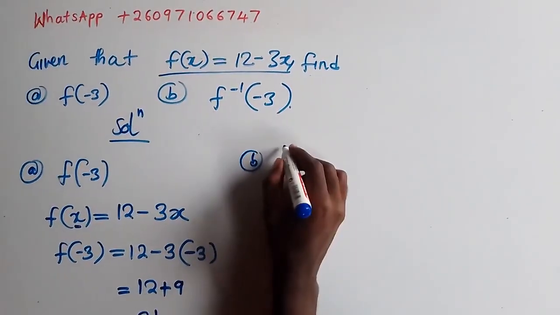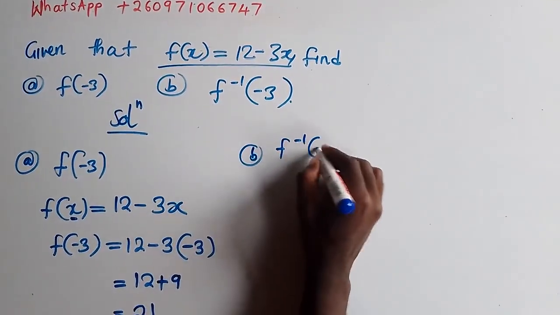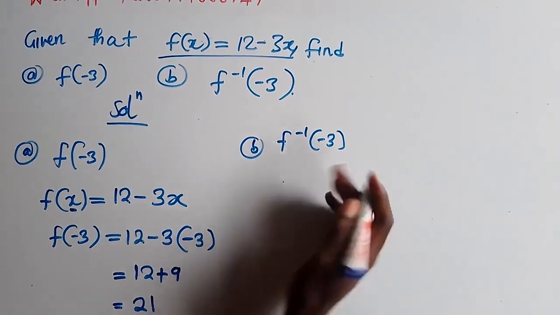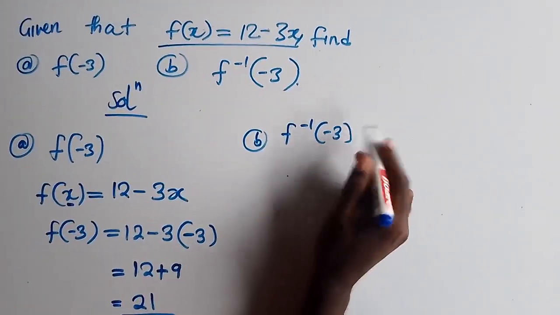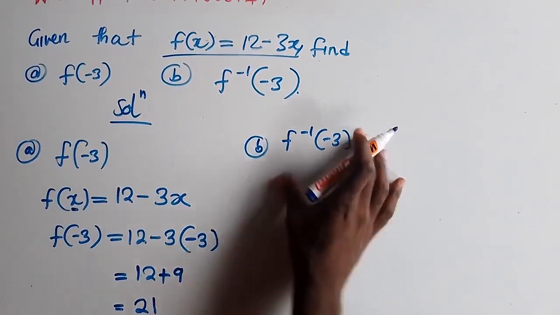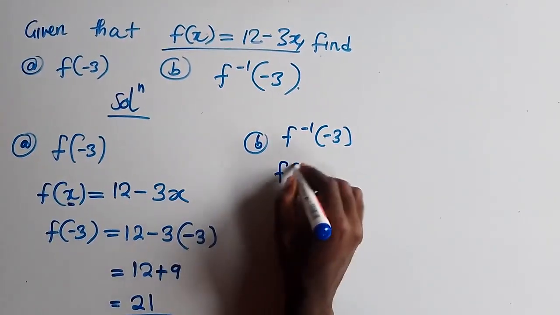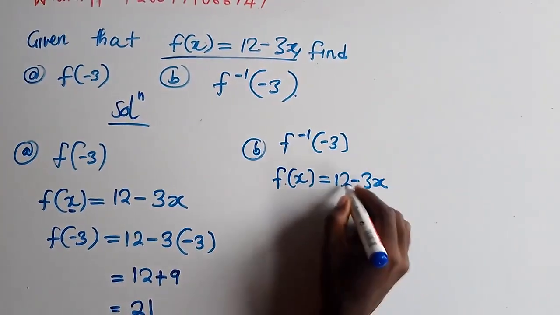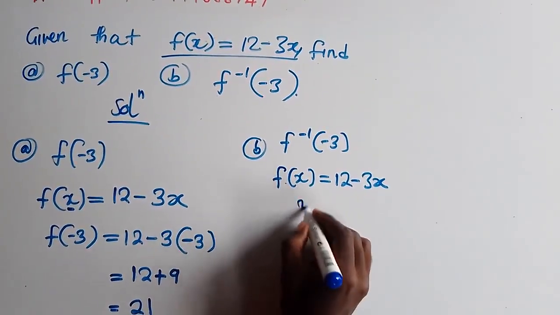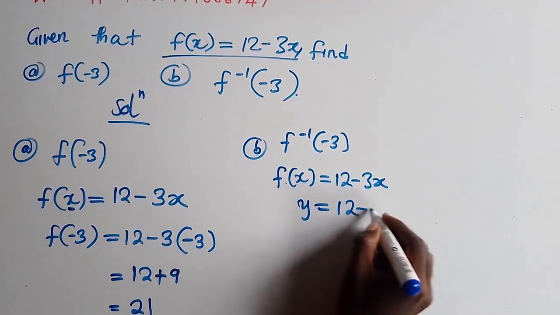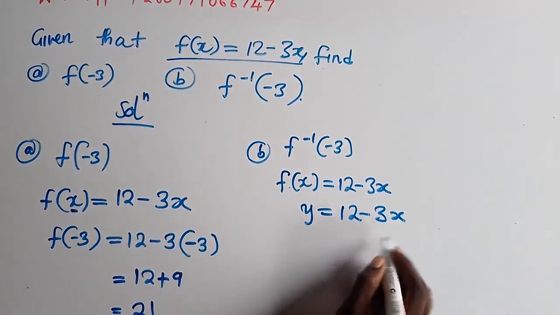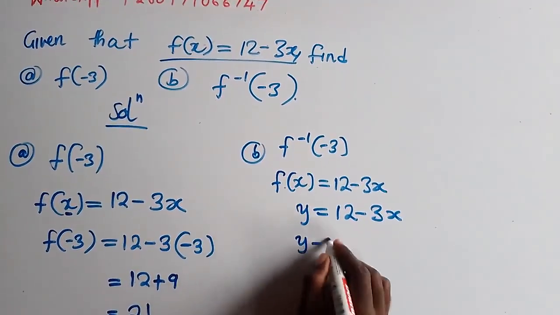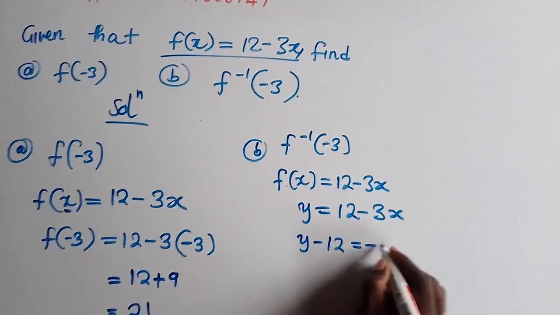I move to B. I'm told to find f inverse of negative 3. The first question that you need to ask yourself: are you given the inverse function? No. So you need to find the inverse function of f. You start with f of x is equal to 12 minus 3x. Then here you put y is equal to 12 minus 3x. You make x the subject of the formula. So this 12 will come this side. You are going to have y minus 12 is equal to negative 3x.